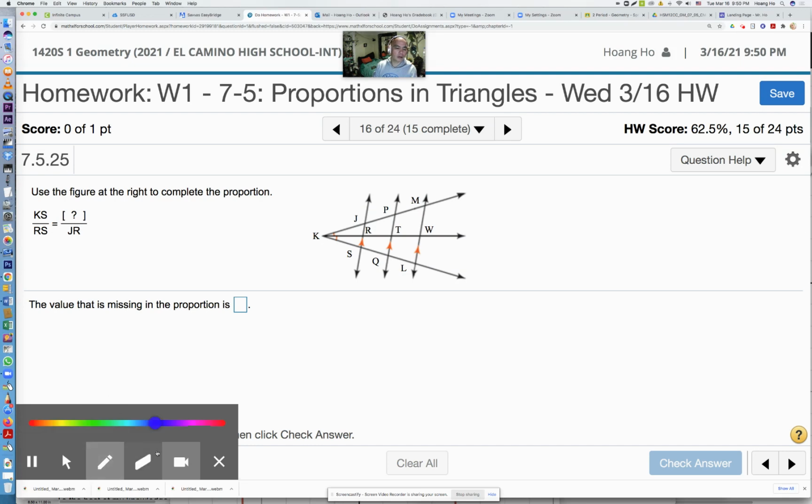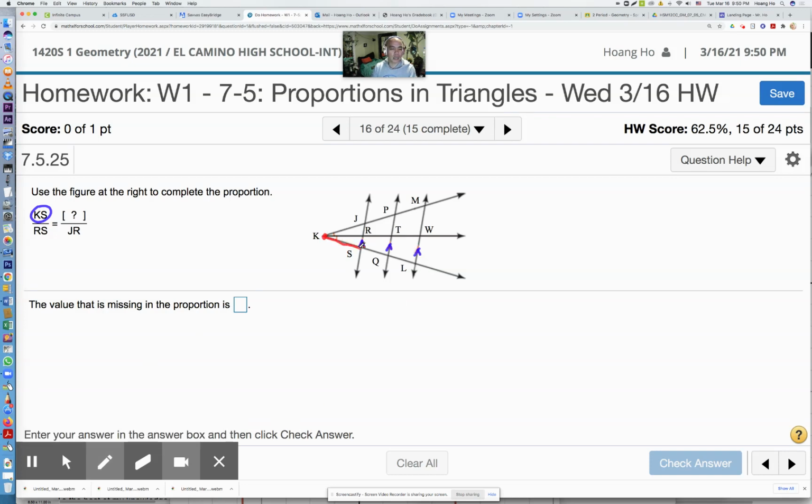Question number 16. Very similar. All right, you got three parallel lines. Now you got a proportion. KS over RS.